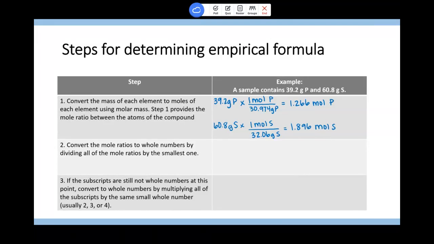Now this first step gives us the molar ratio between the two elements. So we have the molar ratio here, but in the next step we need to simplify it to whole numbers by dividing by the smaller number.